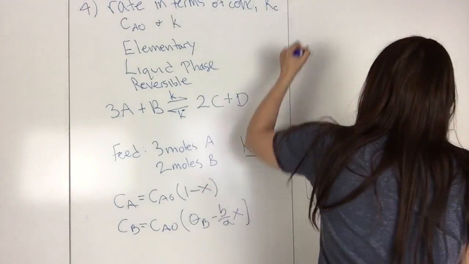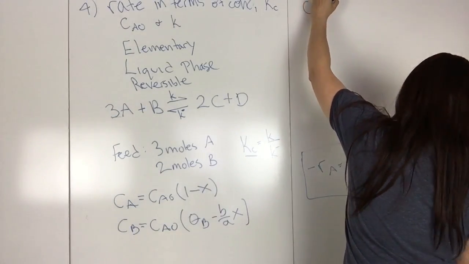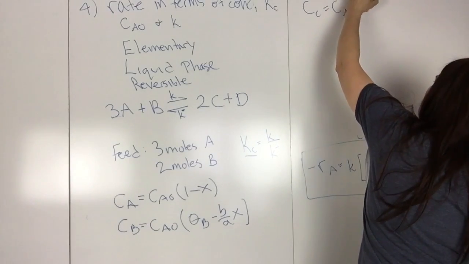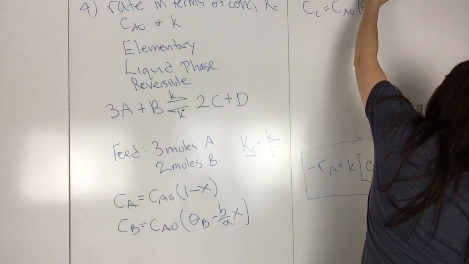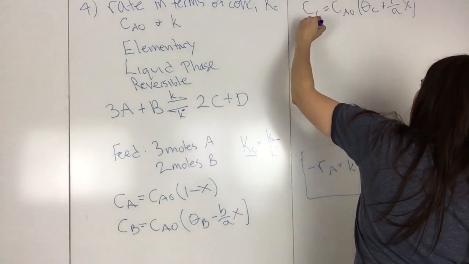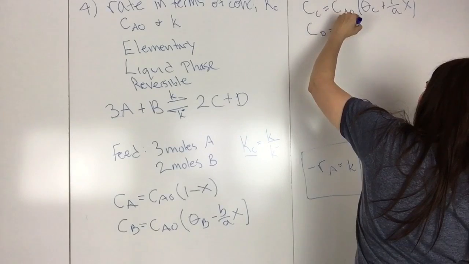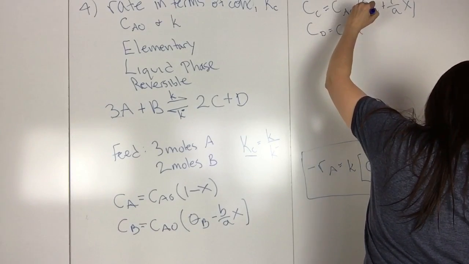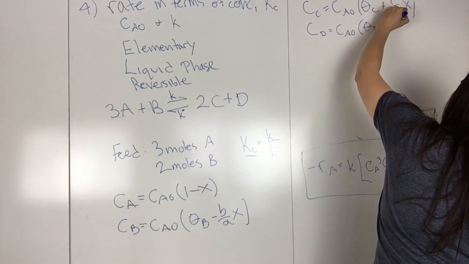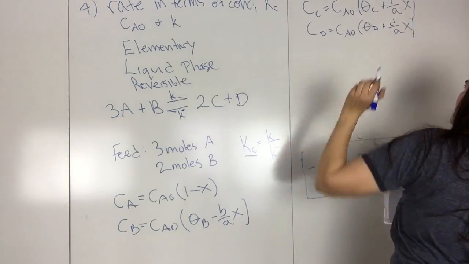We know that Cc is equal to Ca naught (theta c plus c over a x), and we know that Cd is equal to Ca naught (theta d plus d over a x).